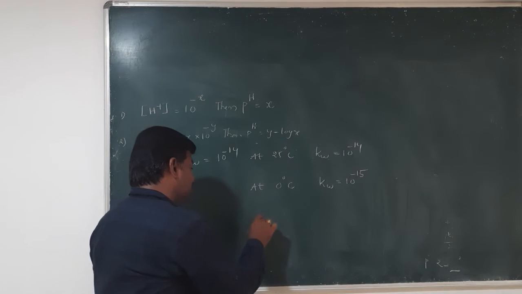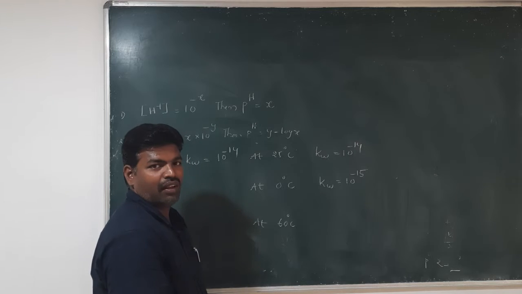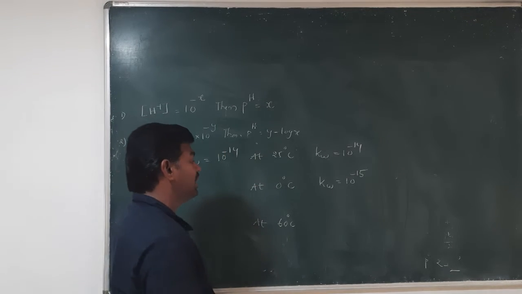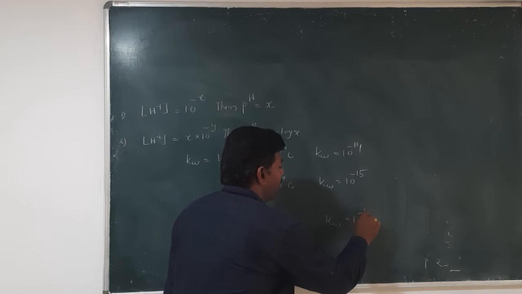And if we increase the temperature up to 60 degrees centigrade, for example, that Kw is found to be 10 power minus 13.